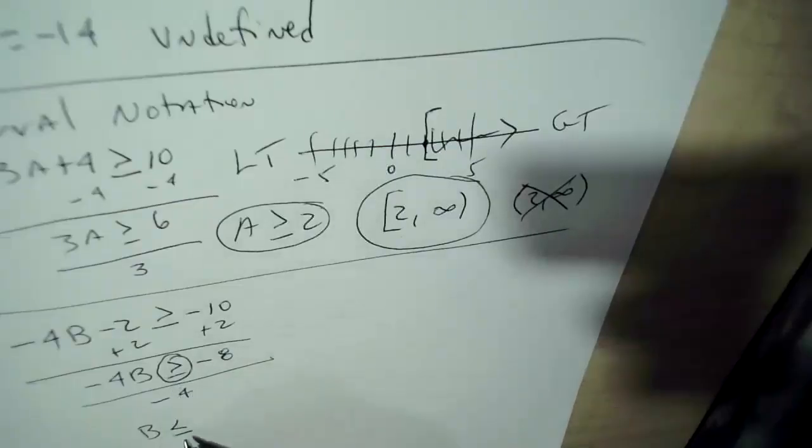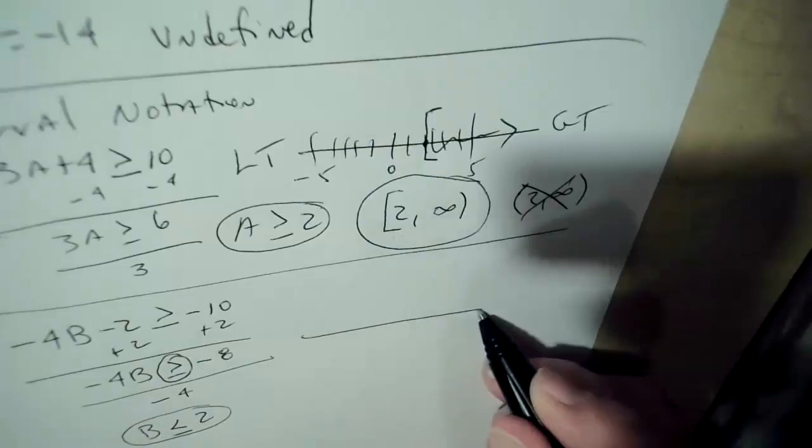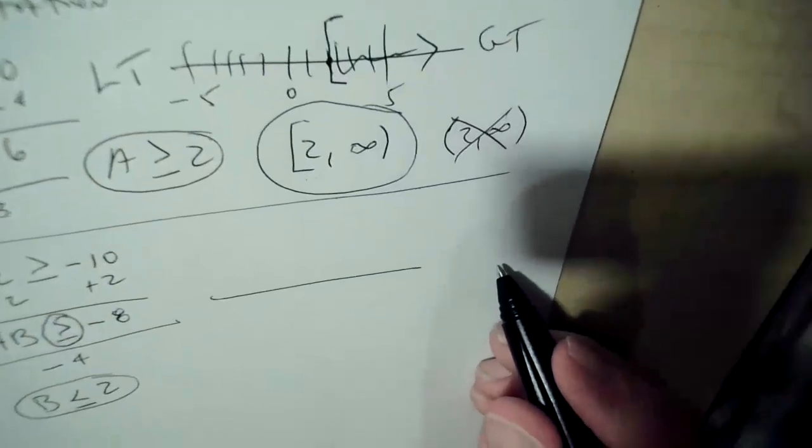So b now becomes less than or equal to, because we divided by a negative number, this sign flips. And what is that, 2?